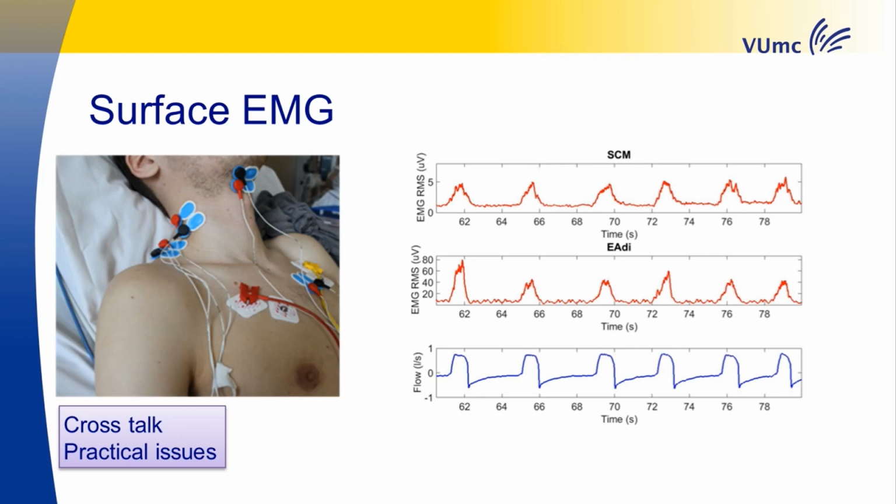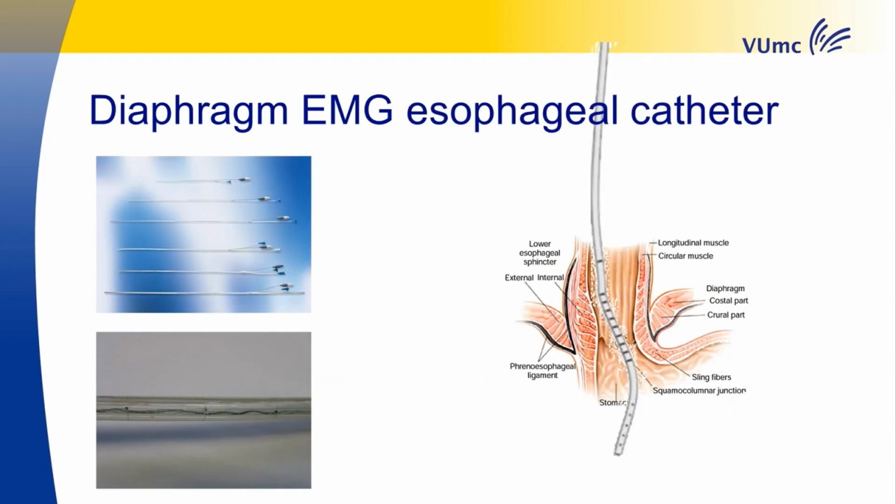Because the patient is moving all the time. The nurses hate it because these stickers, they detach. I don't think it's going to work for clinical purposes. But if you want to look at patient-ventilator interaction, if you want to look at if there's activity of the muscles, it works out. But for clinical purposes, it doesn't really work out.